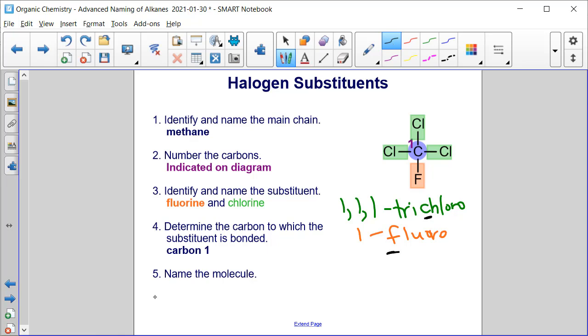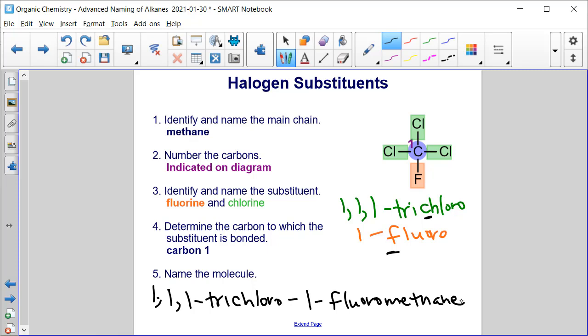So we would write this as 1,1,1-trichloro-1-fluoromethane.